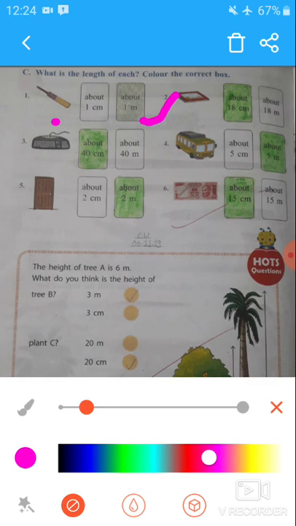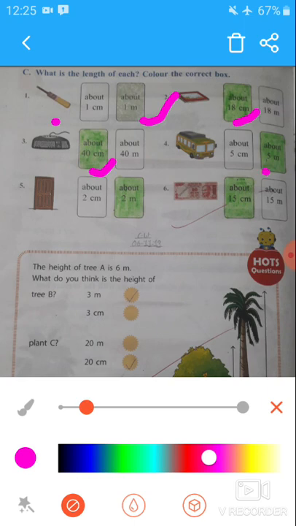Now in second, this is an art book. So students, what's the length of this book? Right, about 18 centimeter. So you can color about 18 centimeter. Now this is keyboard. So do you know the length of keyboard? Right, you will color about 40 centimeter.